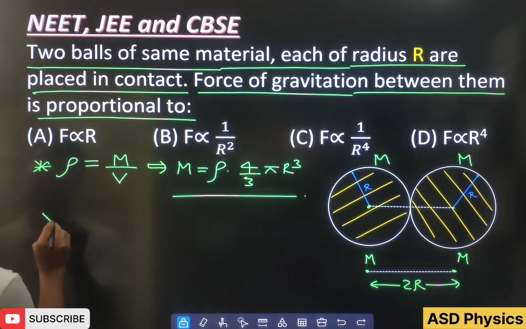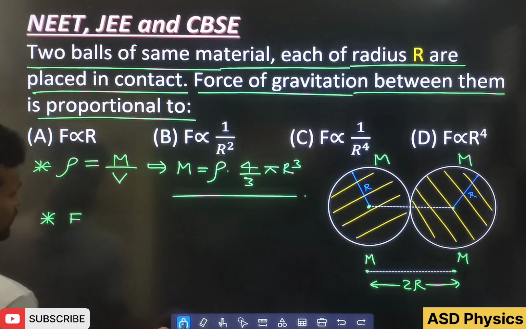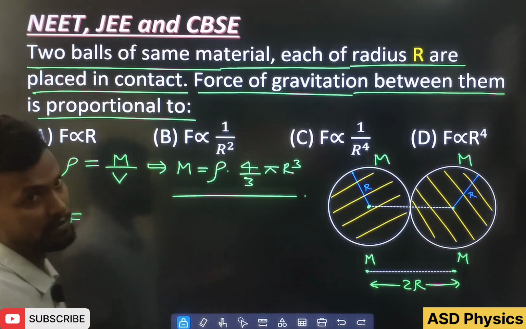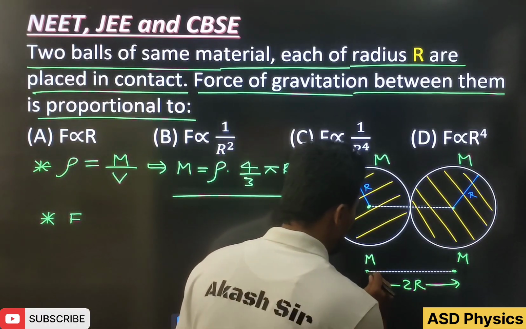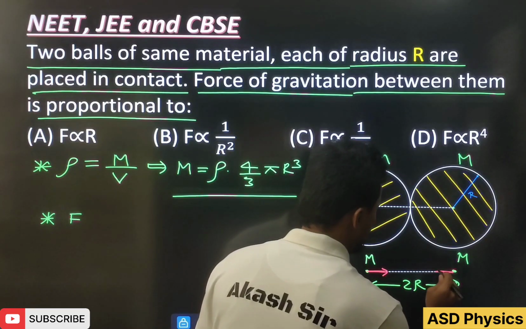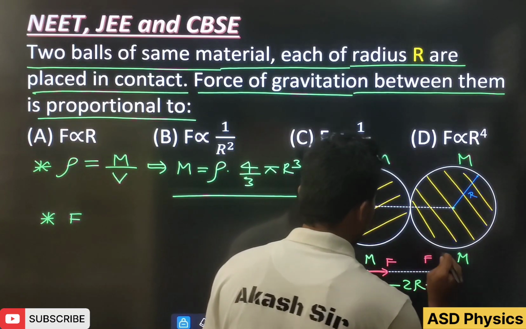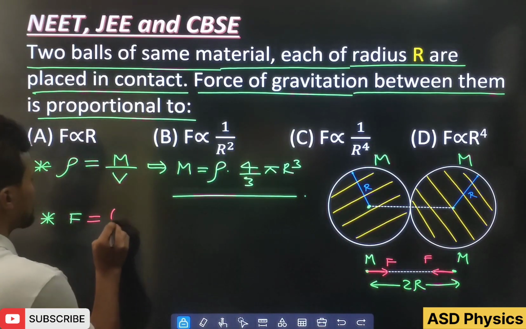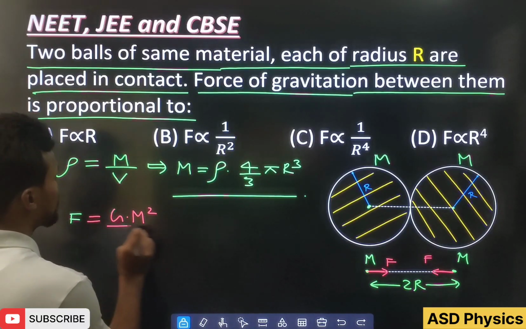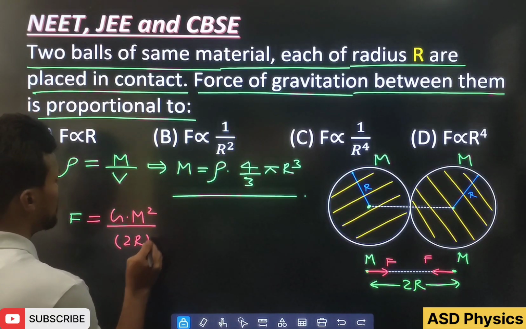So which formula will be there? The formula as it is, Newton's law of gravitation. They will attract each other, magnitude wise the same. So this F is given by G m square by 2r whole square.